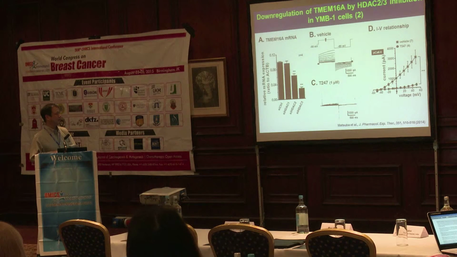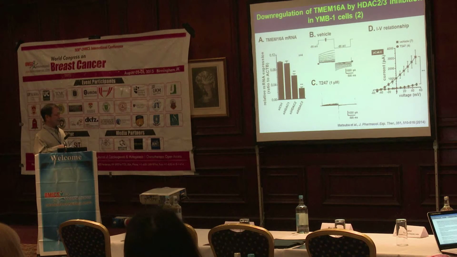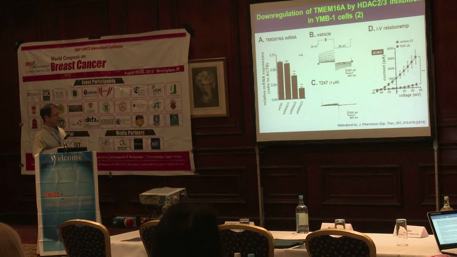We confirmed the HDAC subtype related to the downregulation of the TMEM16A chloride channel using siRNA. As you can see in A, HDAC3 inhibition by siRNA induced a large decrease in 16A transcription. Similar to the previous data, HDAC2 inhibition by siRNA induced a partial decrease in 16A chloride channel transcription.